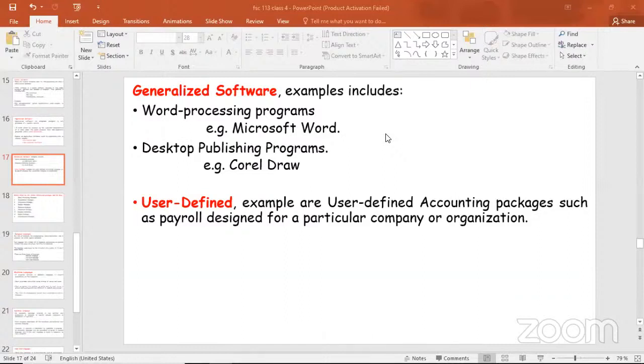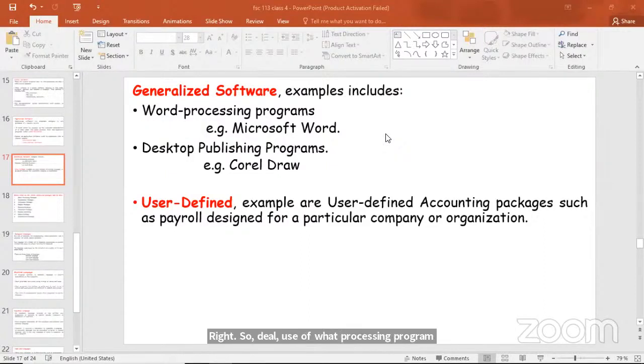For instance, everybody needs to type, right? Probably most people generally need to design some graphical works, right? So the use of word processing program falls under generalized, that everybody can use it.